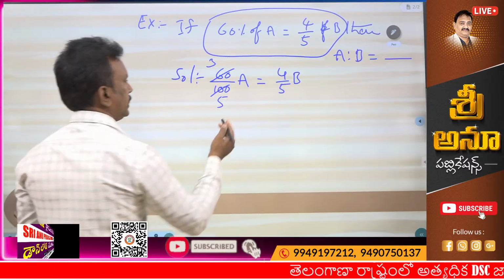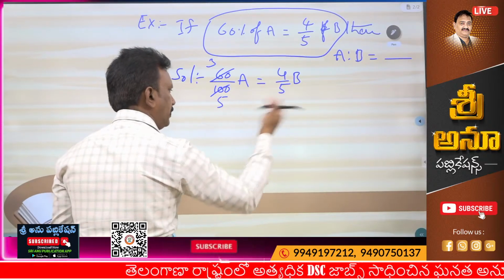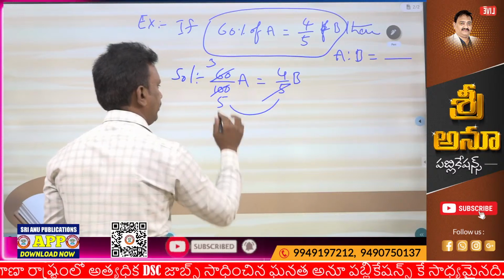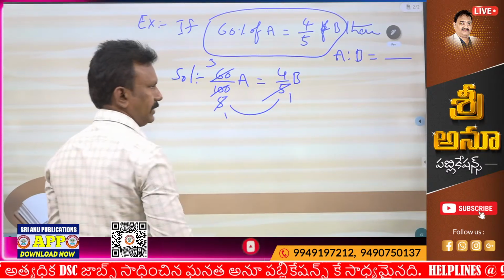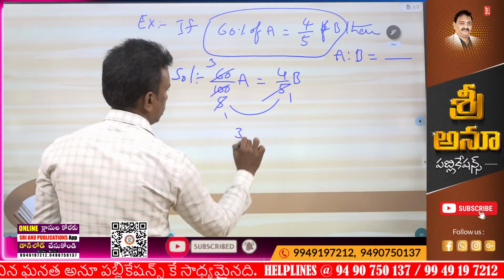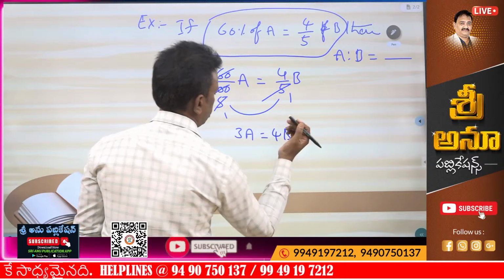Okay. Next. So denominators. One of the important cancellations is that the 5 table divides 5 and 5, one time. Right. The remaining part of the ratio is 3A equal to 4B.